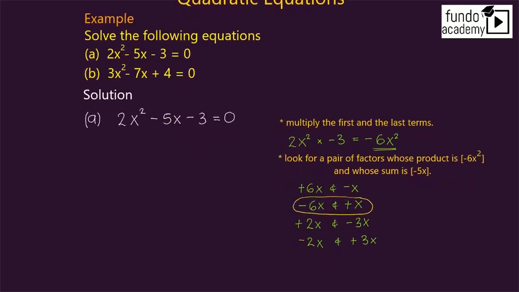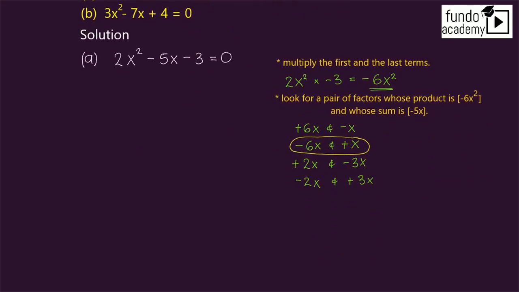So we take that pair of factors, and what we do next is we substitute the factors in place of negative 5x. So that means that we'll now be having 2x squared, and in place of minus 5x we substitute minus 6x plus x, and this will be minus 3 equal to 0.